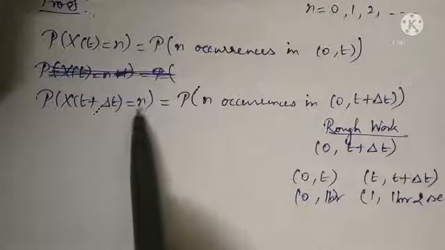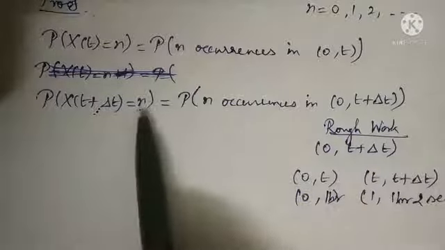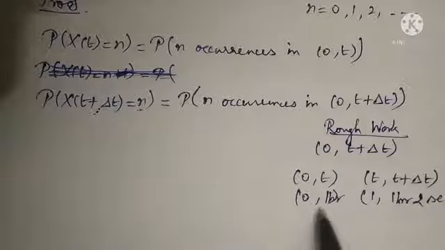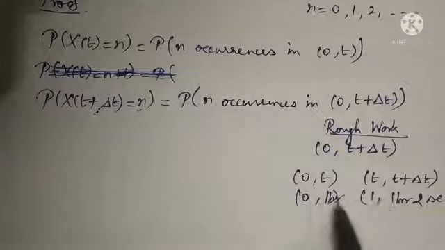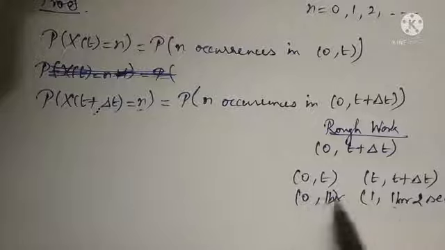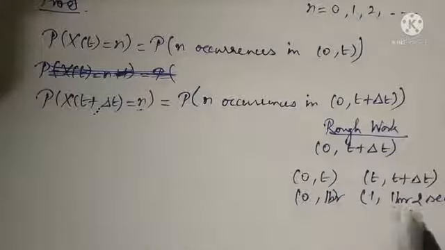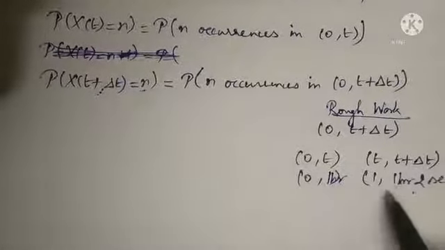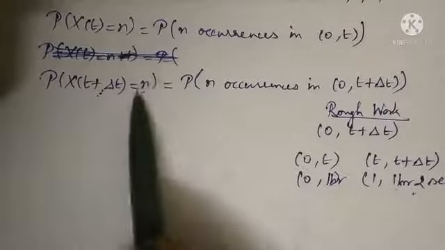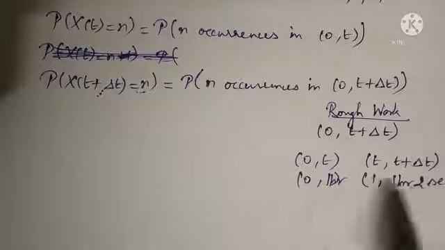So if you see, in the interval 0, t plus delta t there are n arrivals, n occurrences. You know the postulates of the Poisson process. When you find the time duration, it is 1 hour for the first part and 2 seconds for the second, a very small duration. There are n occurrences totally in these two intervals.